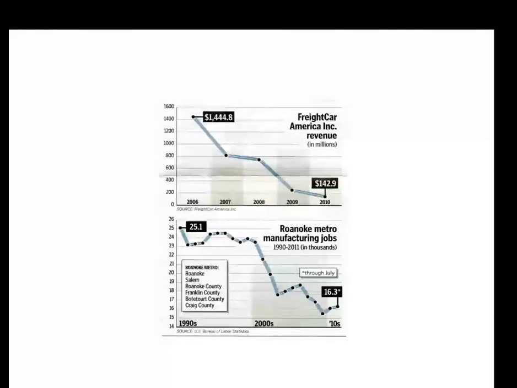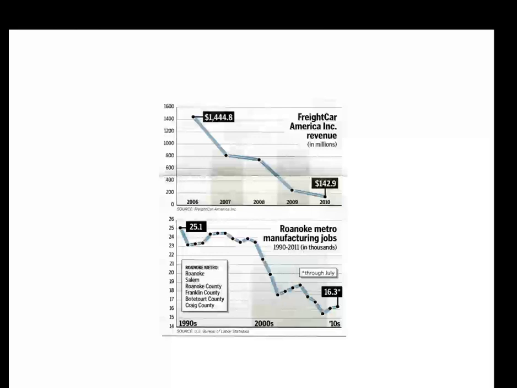The original graph was one of two stacked together exactly as they appear here. The top graph shows the decrease in Freight Car America revenue, a business in Roanoke, Virginia. The bottom graph shows the decrease in manufacturing jobs in the Roanoke metro area.